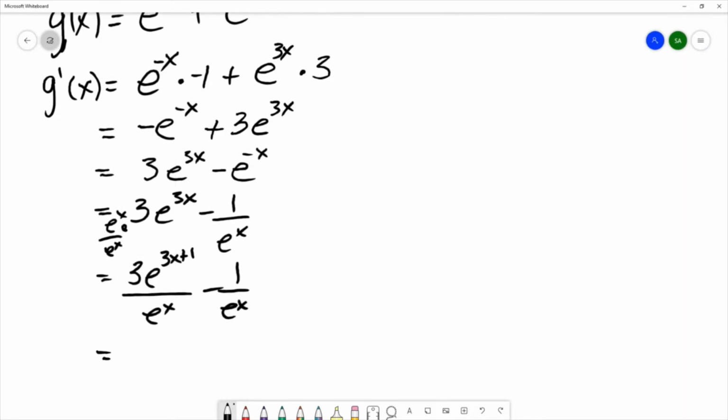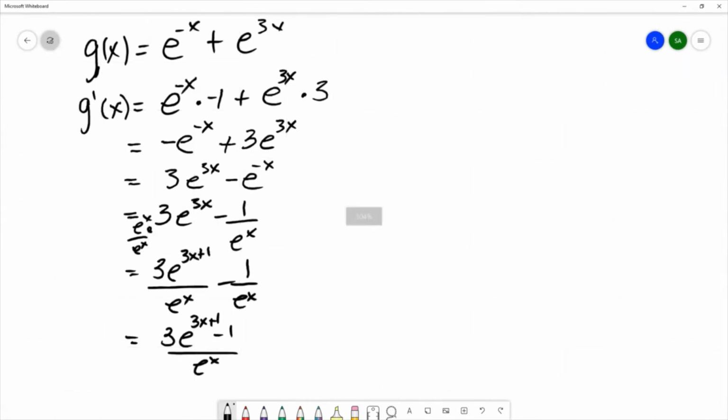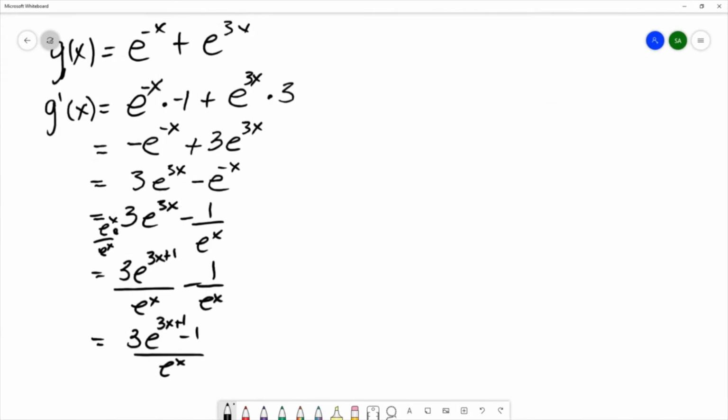And that's 3e to the 3x plus 1 minus 1 over e to the x. I want to think about when this derivative is equal to 0 and undefined. Oh, I'm sorry. So I think I made a mistake right here.